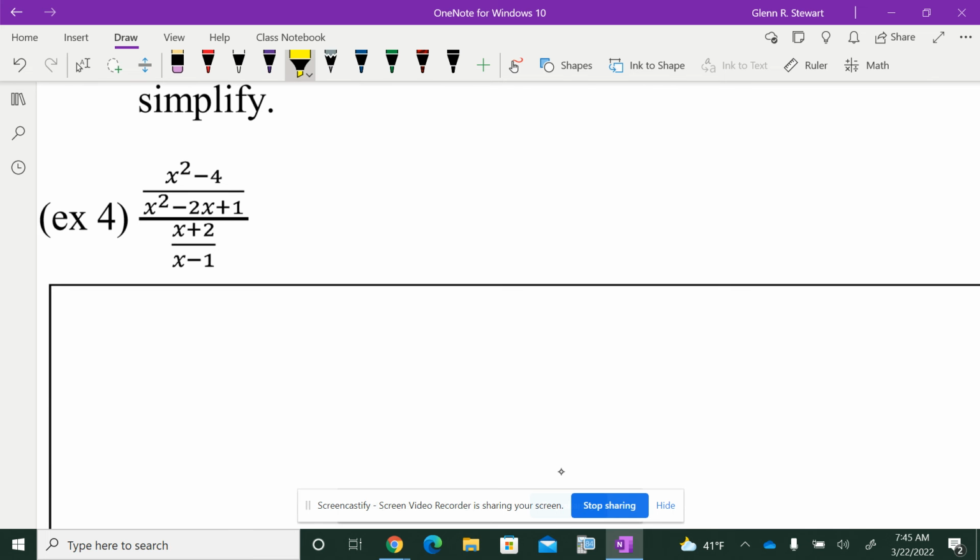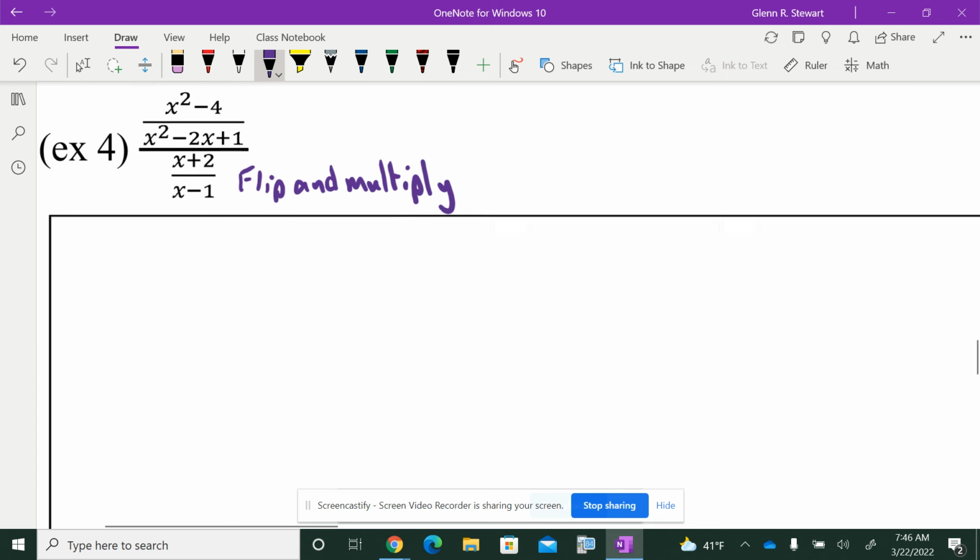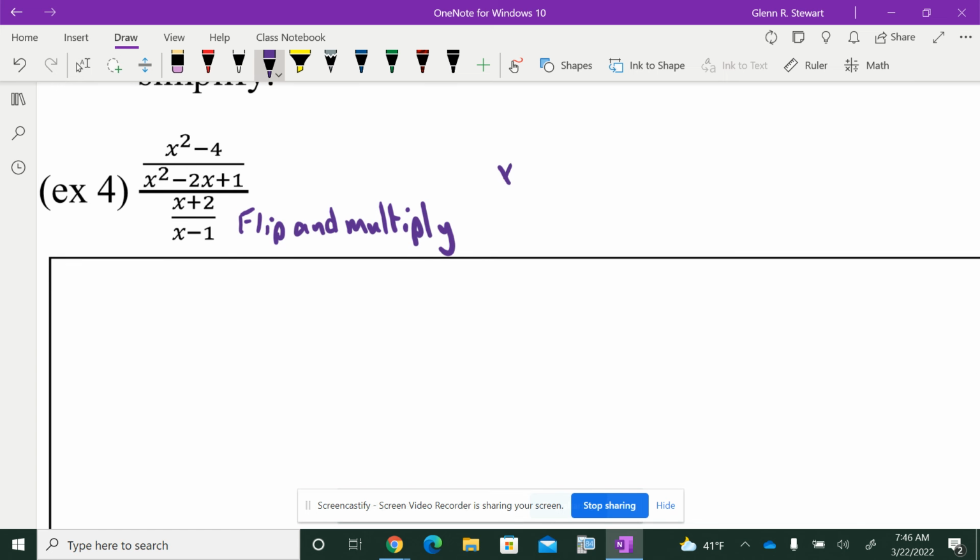We're simply going to flip the denominator and multiply. Because really, you don't have to write this down in your notes since I'm writing it on the board, but really this is the same as saying that I have x squared minus 4 over x squared minus 2x plus 1 divided by x plus 2 over x minus 1. It's just a different way for them to try and write the fraction.